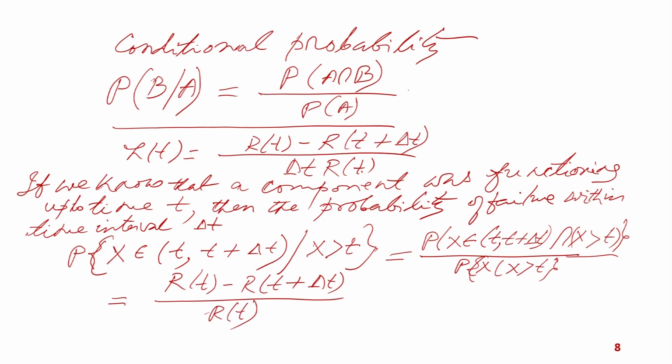What is this actually? This will be equal to h(t) into delta t. So I can integrate over this and get the probability of whether it will perform or not.